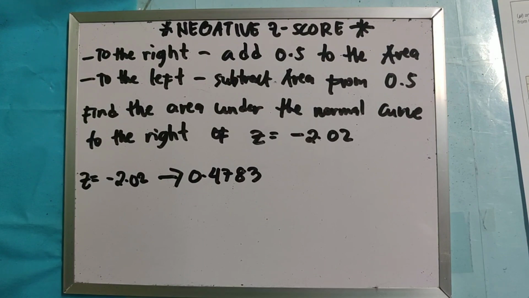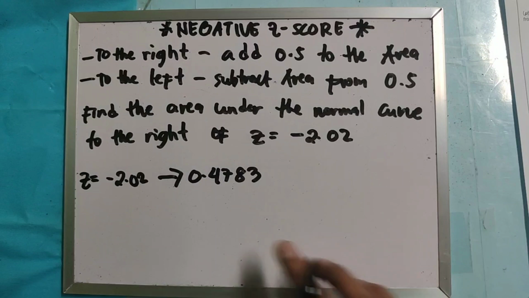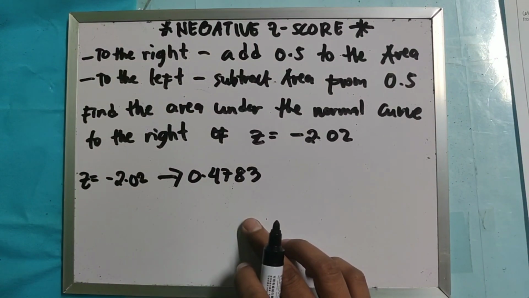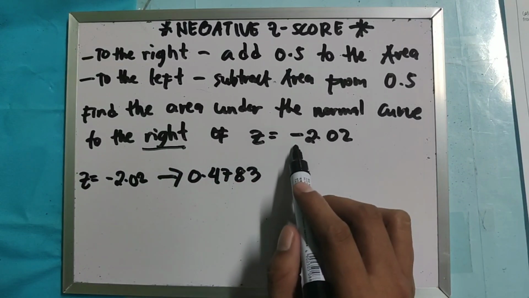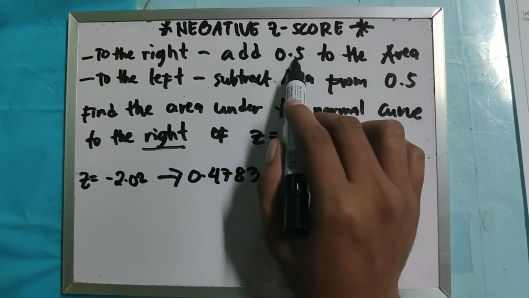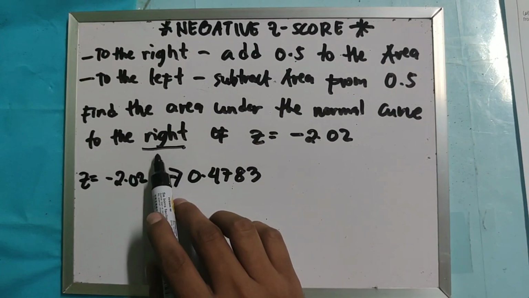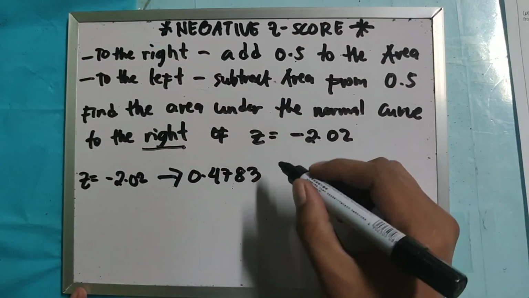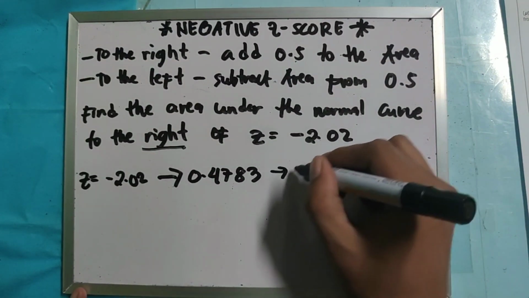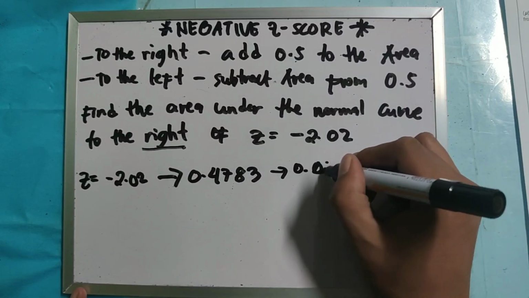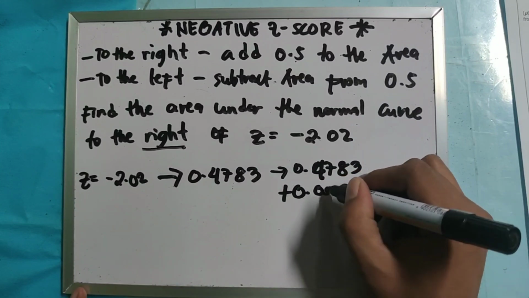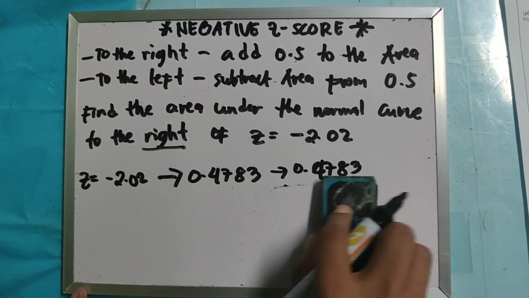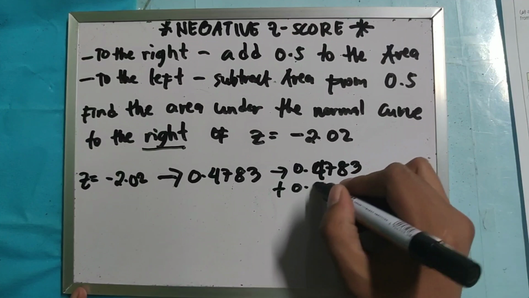Okay, so we are looking for, anong hinahanap natin? To the right of negative z-score. So kapag to the right, add 0.5. So since we are looking for to the right, we are going to add 0.4783 plus 0.5.